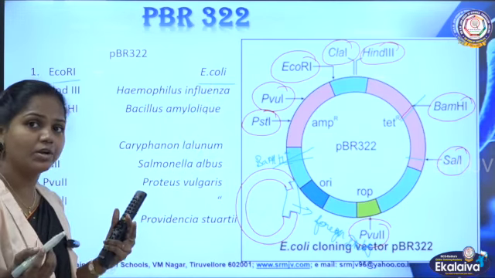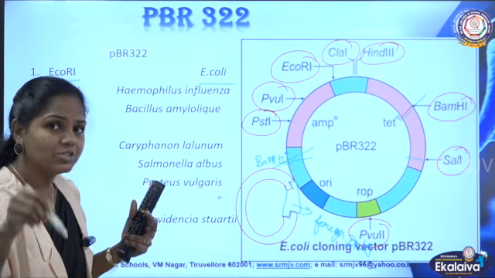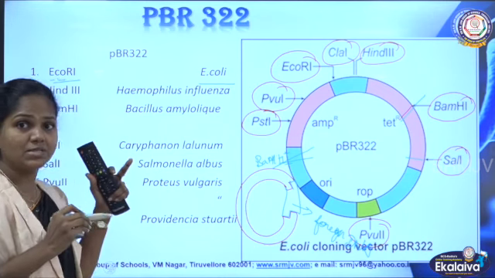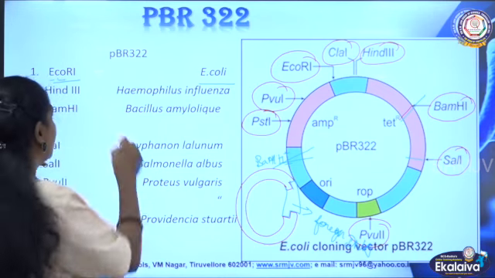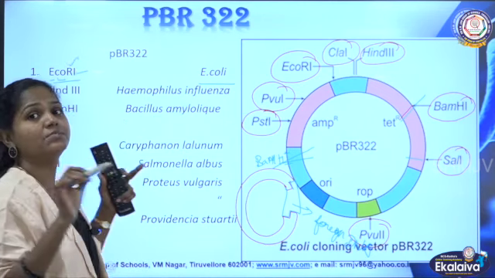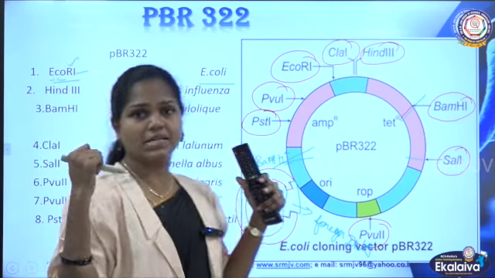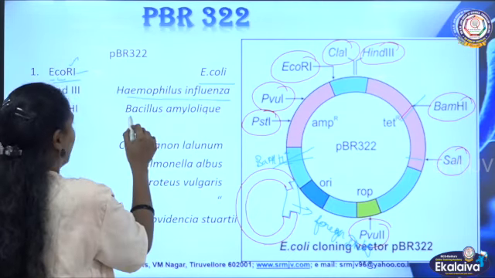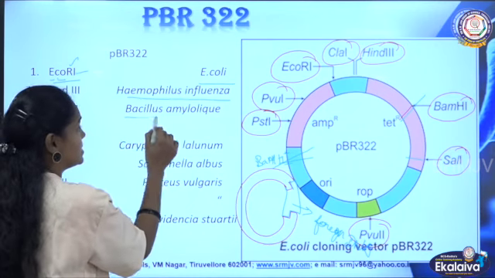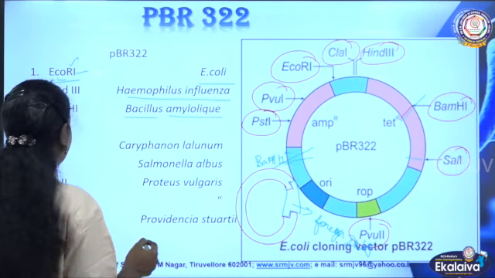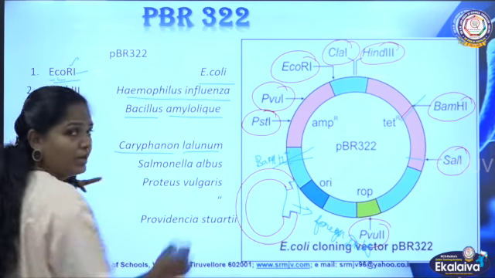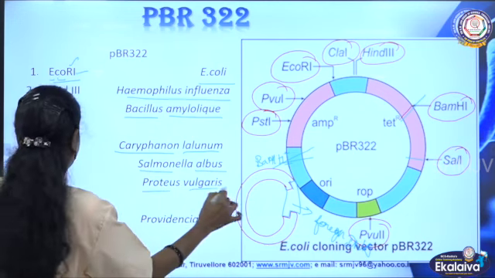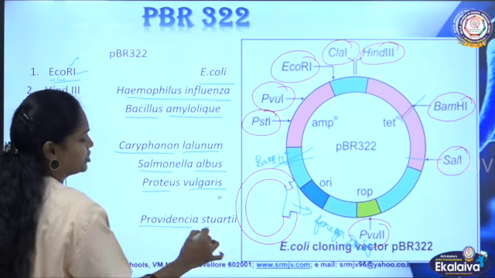The nomenclature you already know: the first letter stands for genus, the next two letters stand for species of that organism, then a strain name, and a series number in which it was isolated. HindIII is from Haemophilus influenzae, BamHI from Bacillus amyloliquefaciens, ClaI from Caryophanon latum, SalI from Streptomyces albus, PvuI from Proteus vulgaris, and PstI from Providencia stuartii.